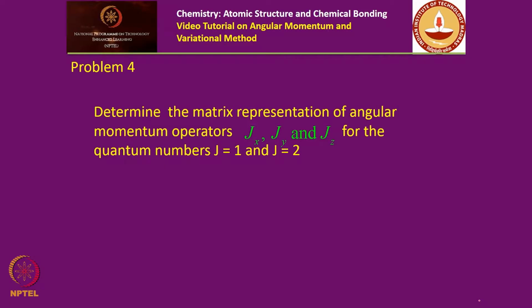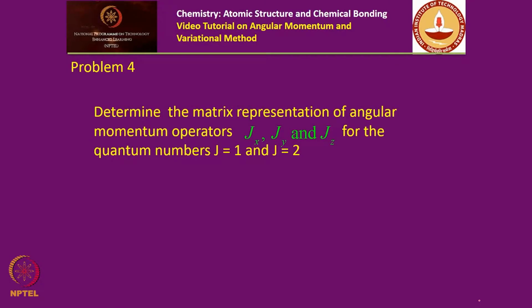So, we shall continue from the process where we left, namely the representation for the angular momentum operators x, y and z within the basis set for j equal to 1.